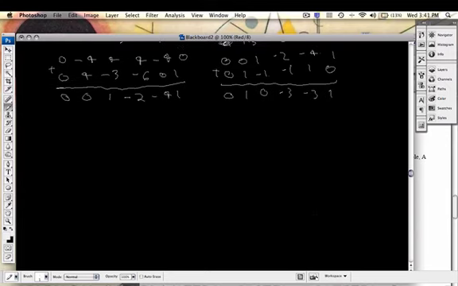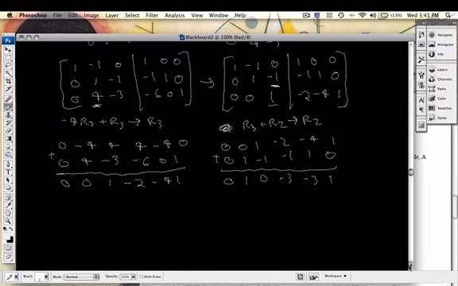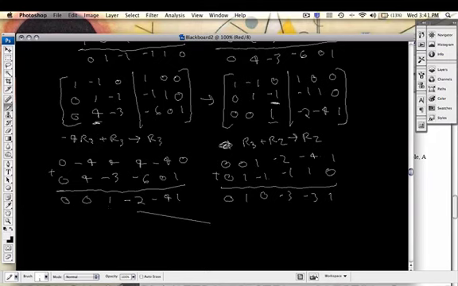We are almost there. Okay, that's my new row 2, so 1, negative 1, 0, 1, 0, 0 is row 1.